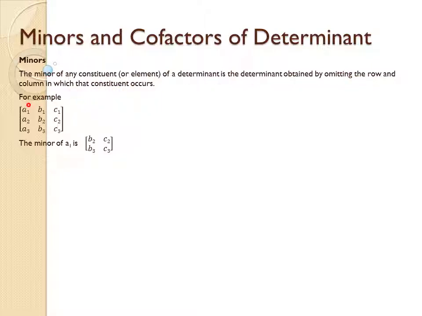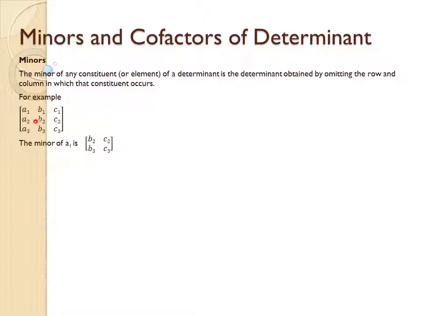Like let's say if I have to find the minor of a1, then I will omit the row of a1. So this is the row of a1 and I have to omit the column of a1. So this is the column of a1. So my resultant matrix, the residual, is b2 c2 and b3 c3. So this is the minor of a1.